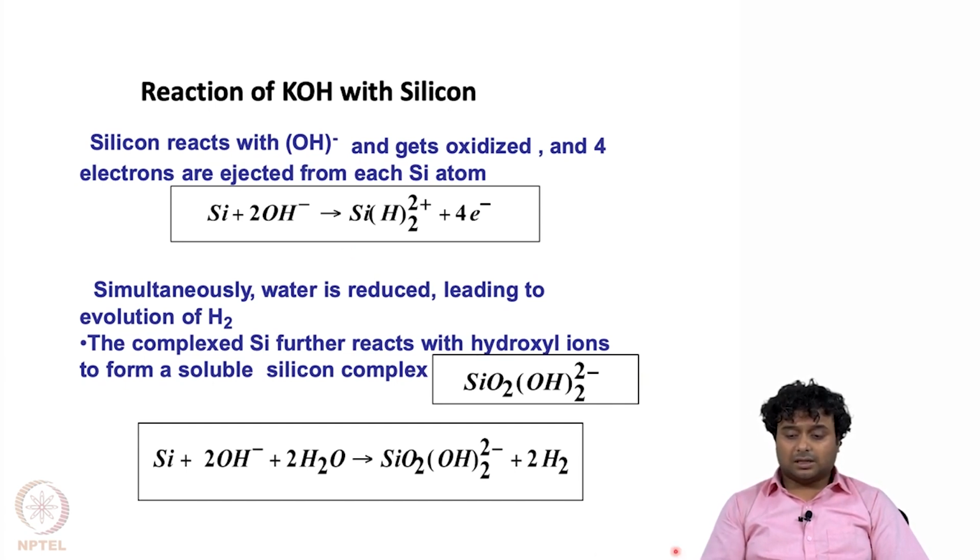This is the final product which easily dissolves in the solution, and so the silicon gets etched. So the final reaction is silicon plus hydroxyl ions, which are coming from the KOH and water, giving this dissolvable reaction product, and with that hydrogen.